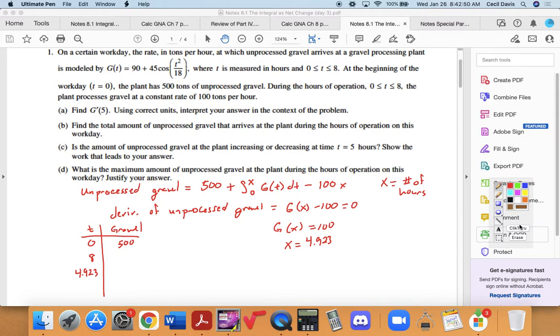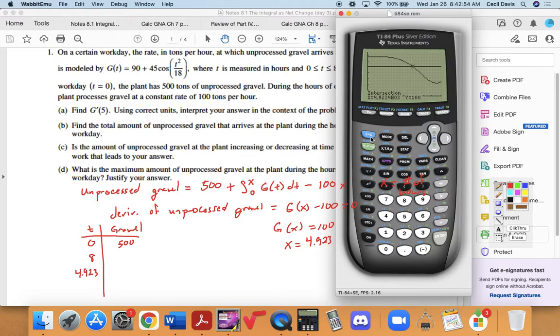At time 8, that's going to be 500 plus the integral from 0 to 8 of the rate at which gravel is coming in, minus 800, right?